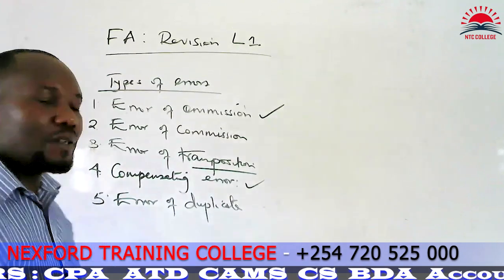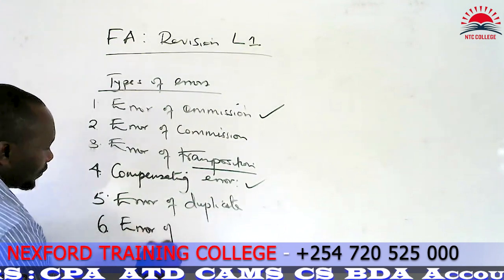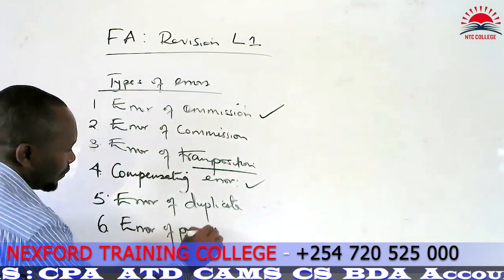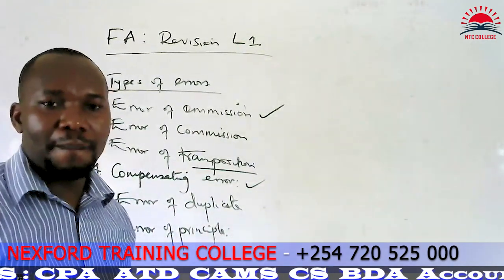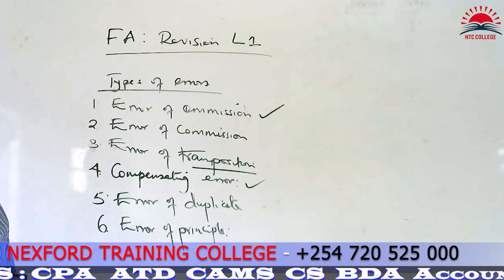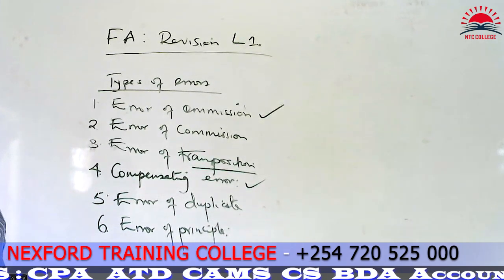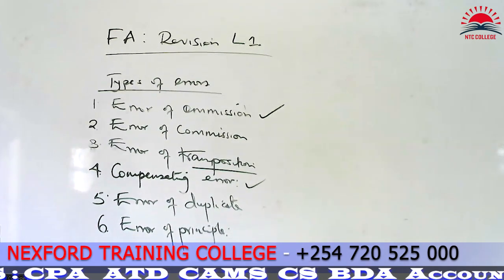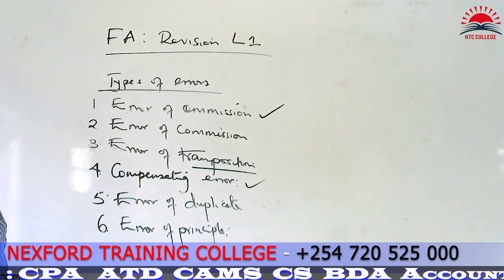The next one is error of principle. This is where you record an item that does not conform with the generally accepted accounting principles.